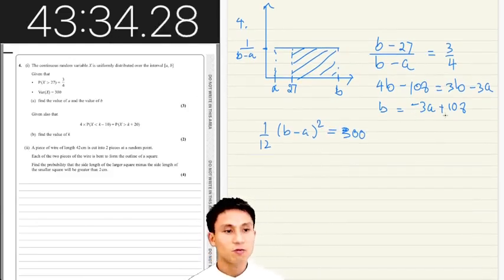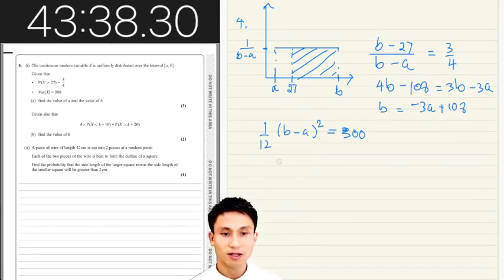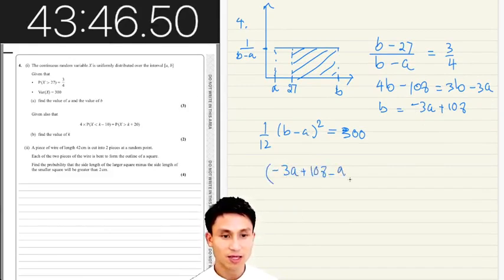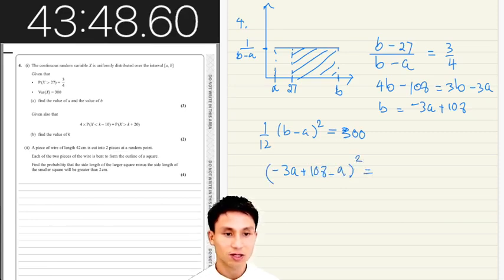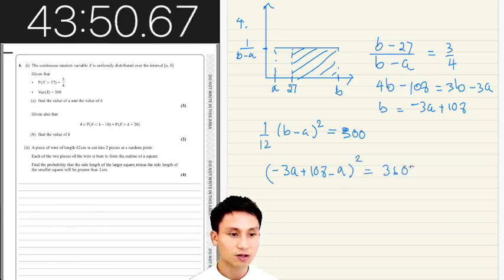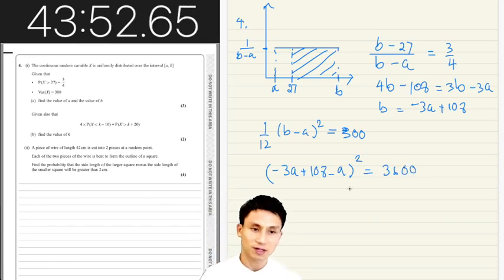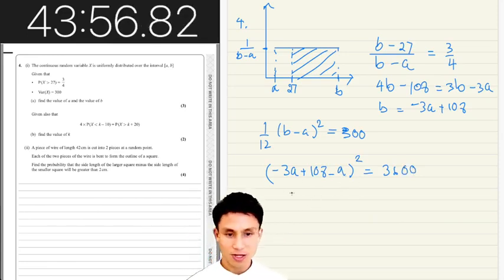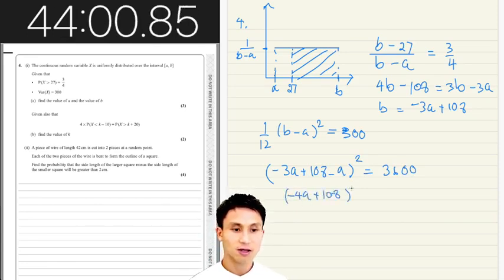So if we maybe substitute b in terms of a in there, let me move 12 to the other side. So, while substituting b in terms of a, I get (minus 3a plus 108 minus a) in the bracket squared equals 12 times 300, which is 3600. Okay, so this is (minus 4a plus 108) squared.